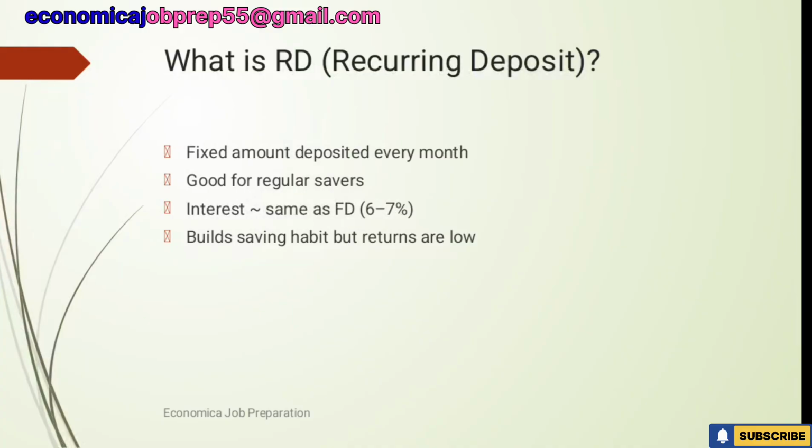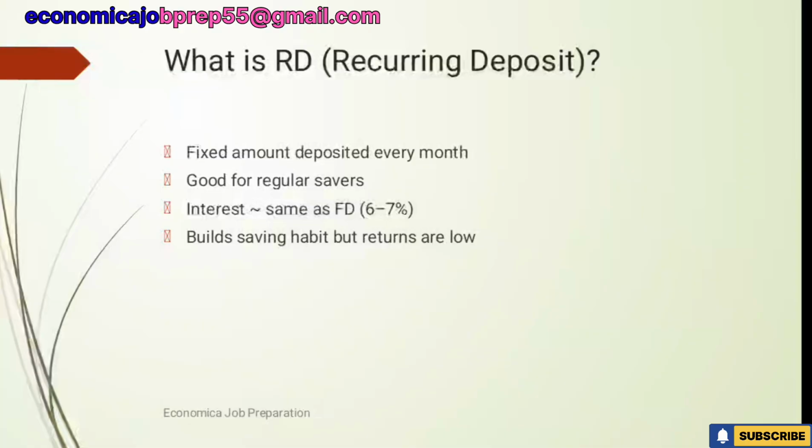For example, start with 500 per month. And the disadvantages of recurring deposit are the return is still low, inflation problem. Say for example, if you invest 2000 per month in RD for 5 years at an interest rate of 6.5%, then when it matures it gives you approximately 1.4 lakh.